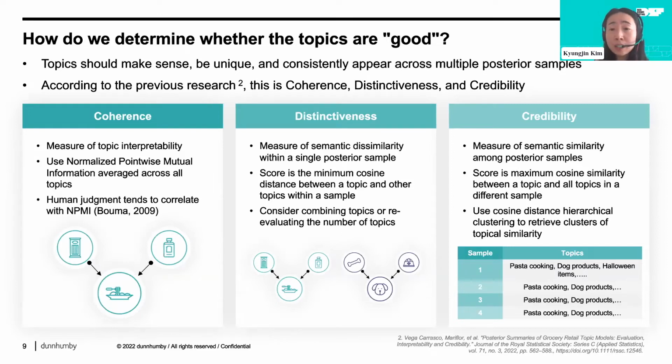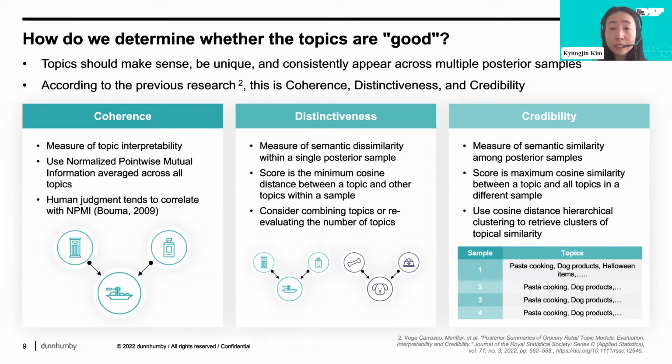And next, distinctiveness is a measure of semantic dissimilarity within a single posterior sample. So the pasta cooking topic is distinctive from the dog product topic because pasta cooking has high association with pasta and pasta sauce, while the dog products topic has high association with totally different products like dog treat and dog food.